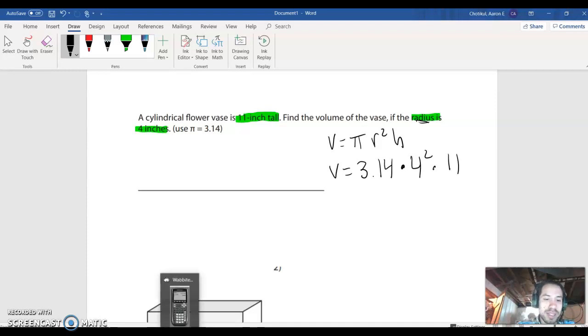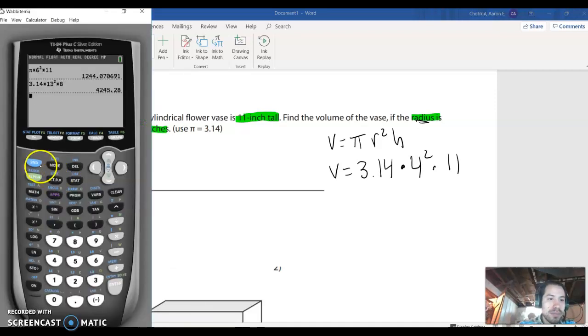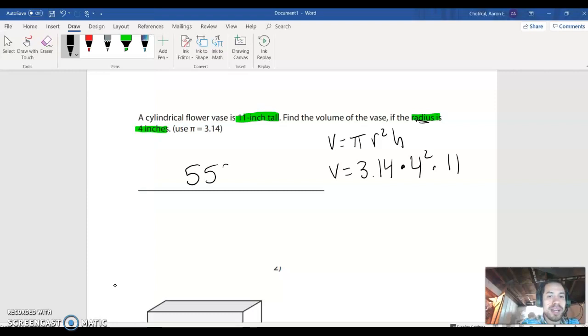So we go to our calculator, clear this, second pi 4, second, boom, times 4 squared times 11, and we have 552.9, and it's inches cubed.